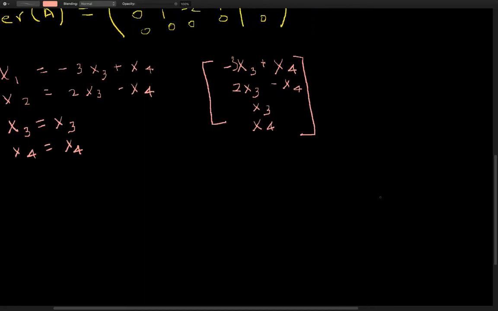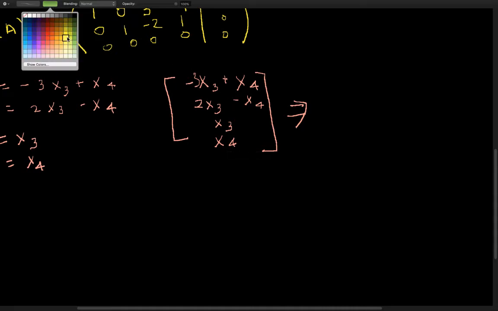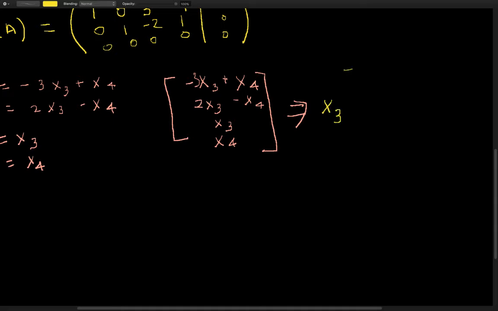But we can also write this in terms of both of our free variables. So we can have x3 times negative 3, 2, 1, 0. What I'm doing here is I'm just taking all of the terms that have an x3.